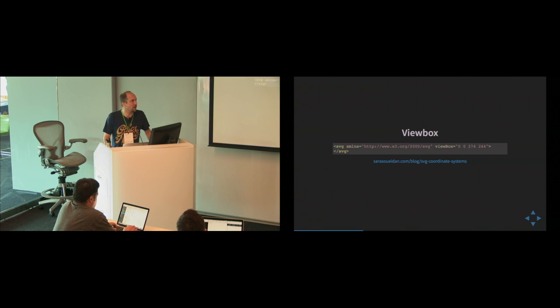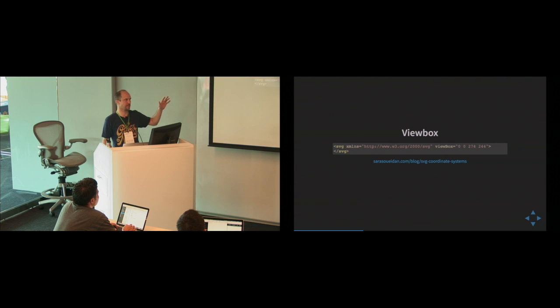Another really critical attribute is the viewbox. And Sara Soueidan, who is maybe the most important thought leader on SVG, has a great, really in-depth overview of working with the SVG viewbox.